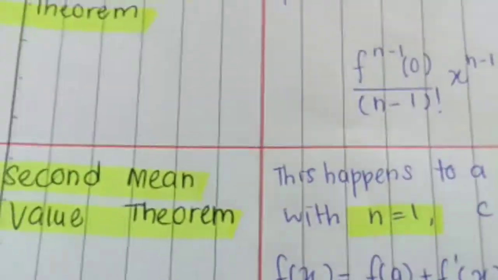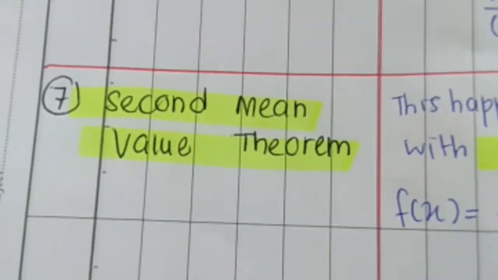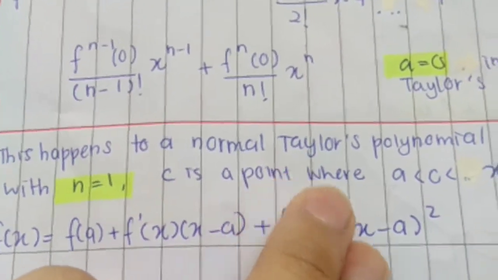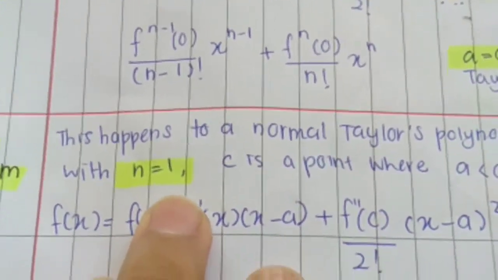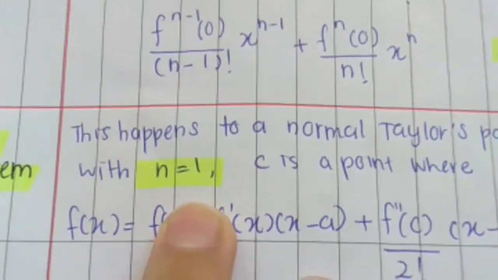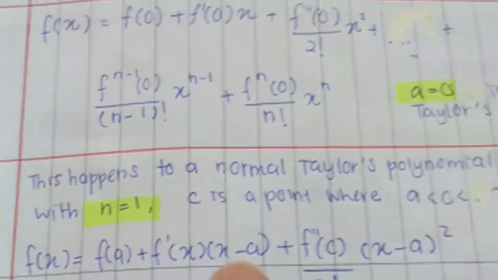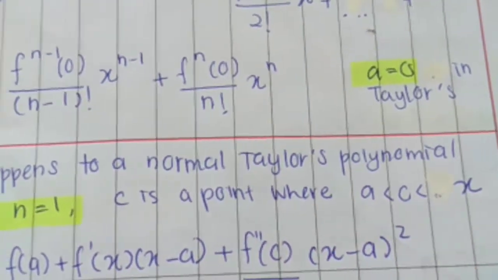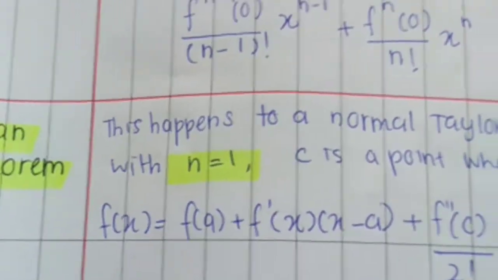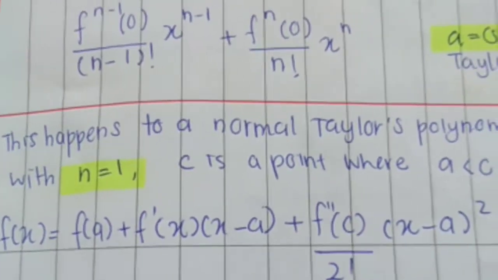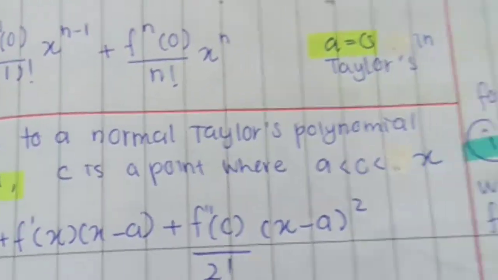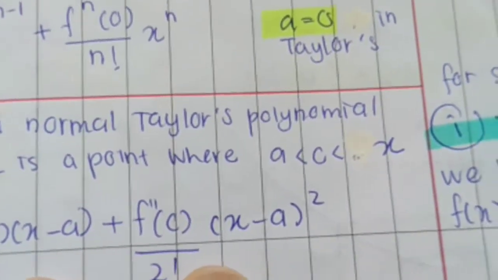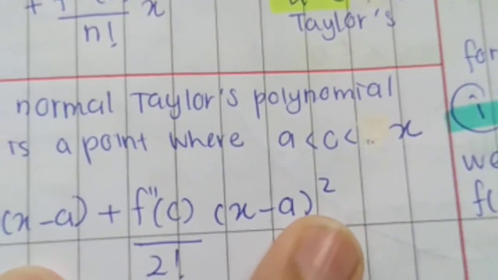And next, last but not least, we have the second mean value theorem. This happens to be a normal Taylor's polynomial with n equals 1. n is the order of the polynomial, and c is the point between a and x, and this is the formula: f(x) equals f(a) plus f prime(a) times (x minus a) plus f double prime(c) over 2 factorial times (x minus a) to the power 2.